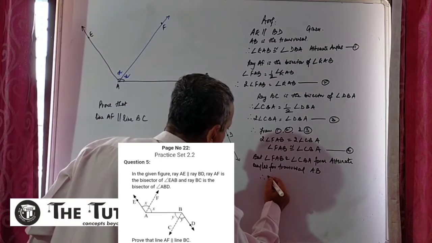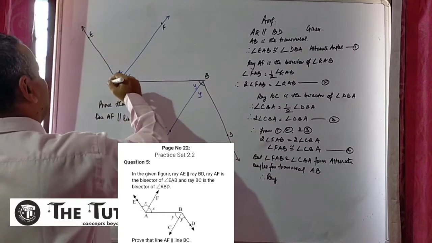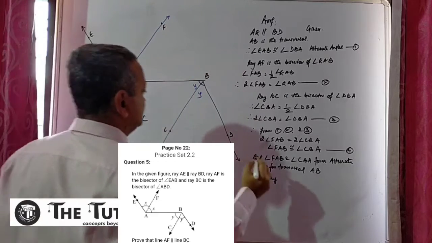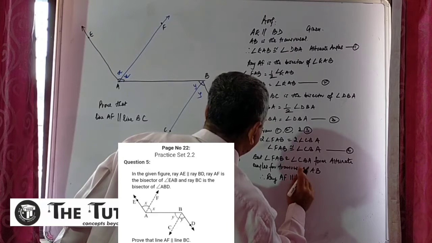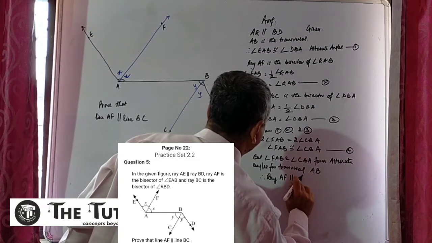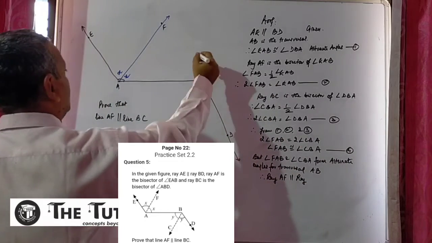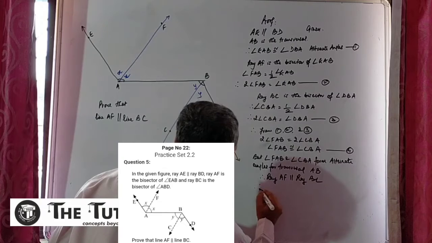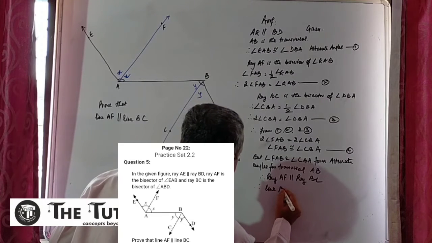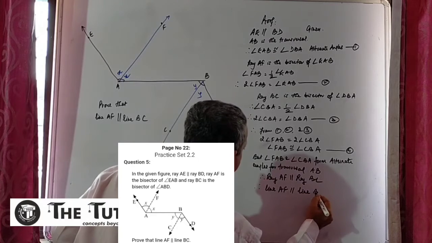Therefore ray AF is parallel to ray BC. Therefore line AF is parallel to line BC.